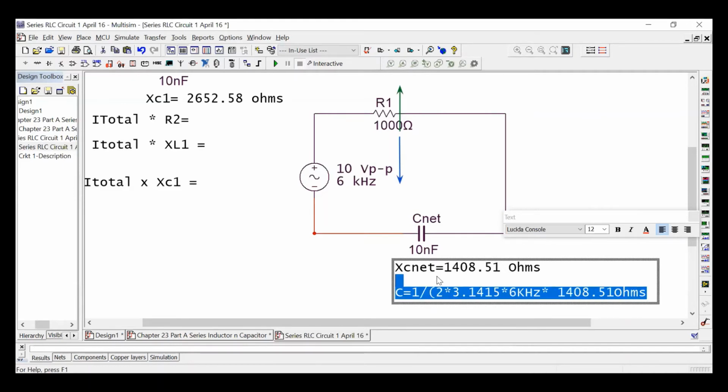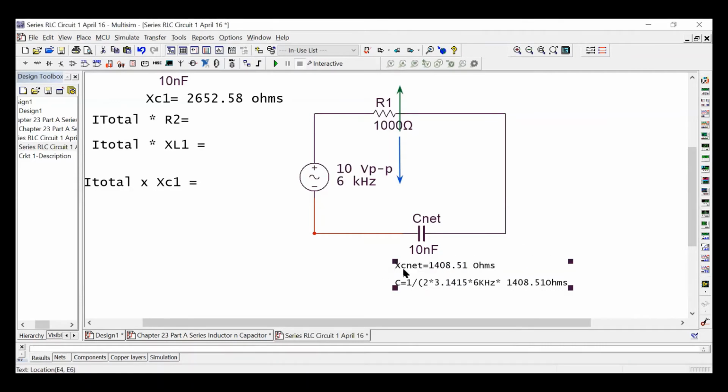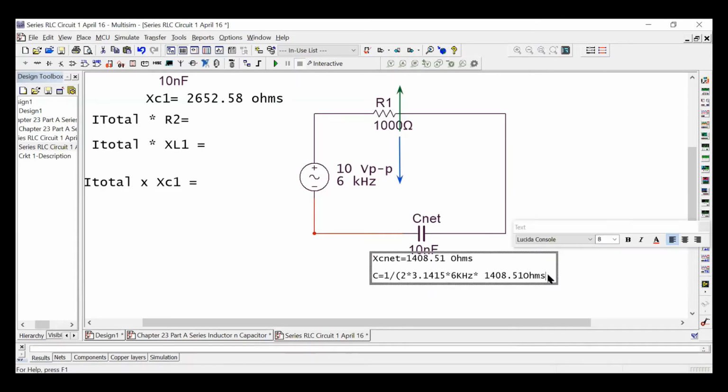And I'm going to go ahead and bring the smaller numbers here. So let's figure out what we have here. And let's get a value.